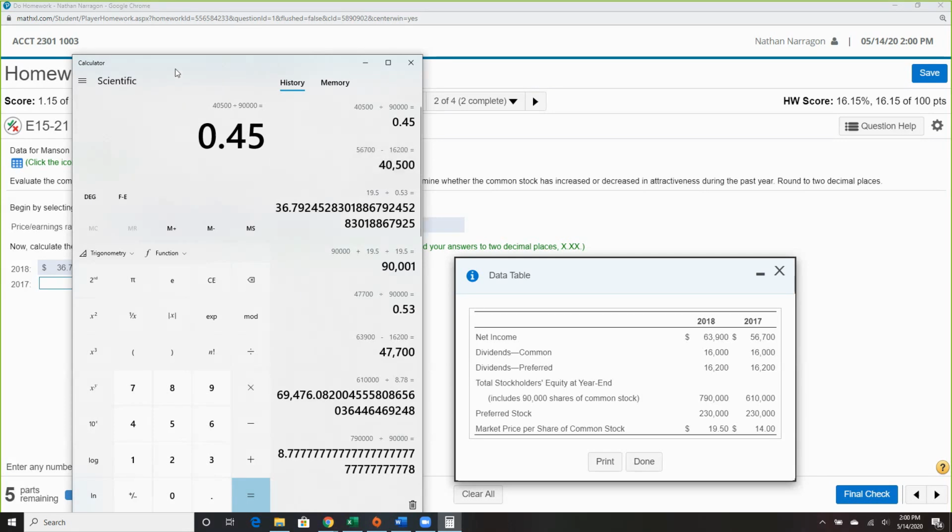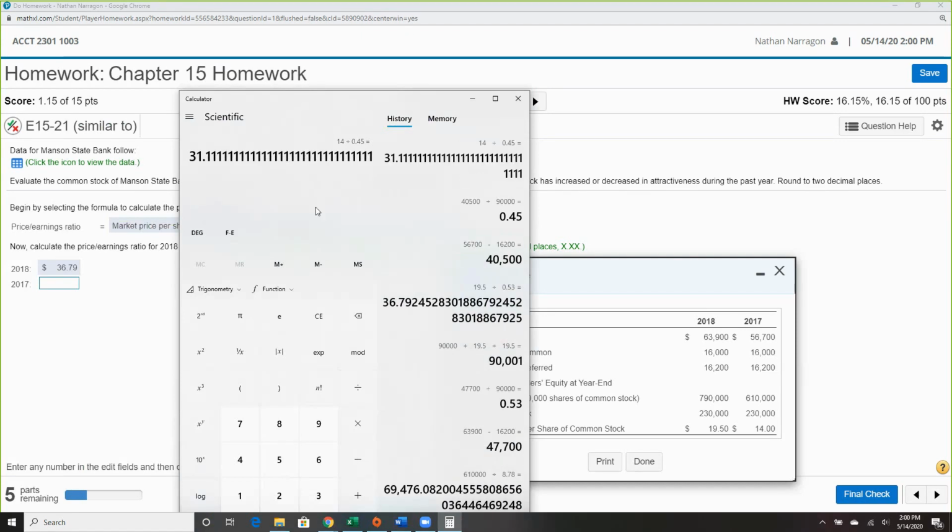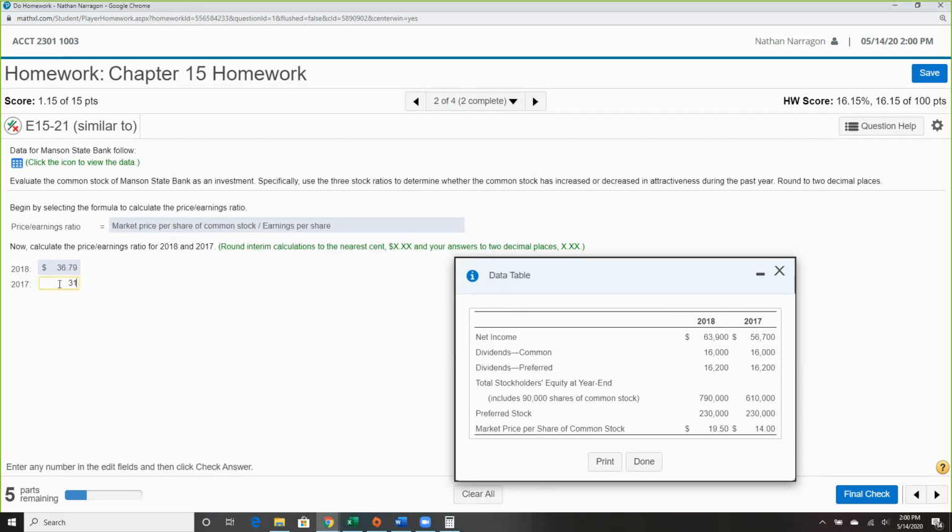And then to find price per earnings, you take the market share, which is $14, divided by our earnings per share of 45 cents. So we're looking at about $31.11. Let's see if that is correct. That is.